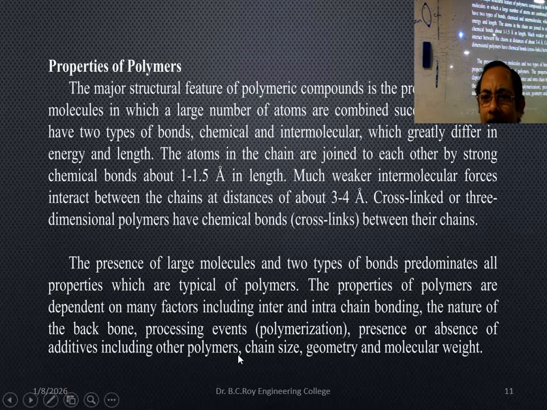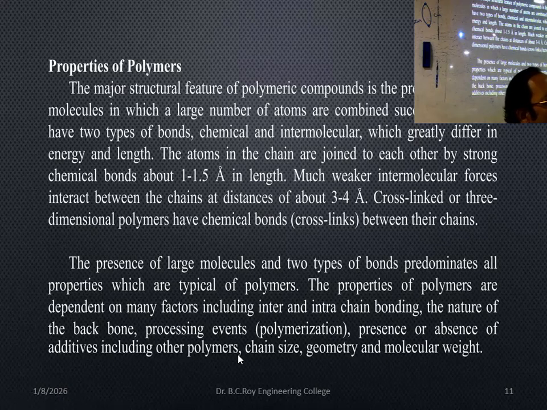Now polymer properties. Different polymers have different properties. I am telling you some properties. You have fiber. What is the property? Fiber is very tough. If you stretch it, it will not be torn so easily.